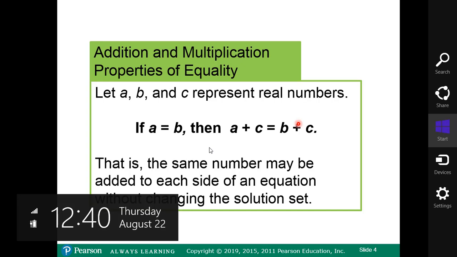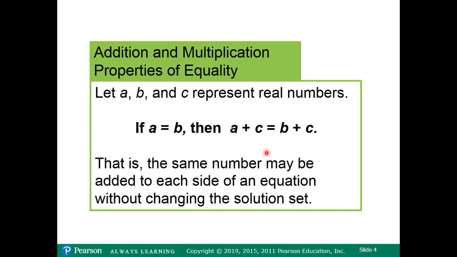If this is true, then this is automatically true as well. If we add the same constant to both sides, the equation is unchanged. Whatever you do to one side of the equation, you have to do to the other side.